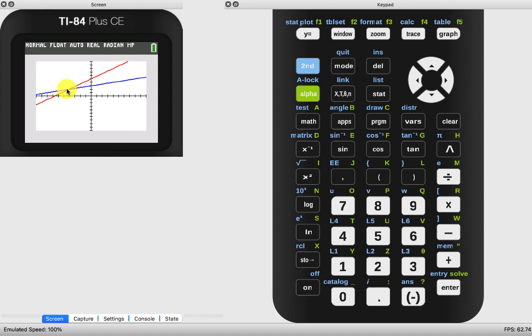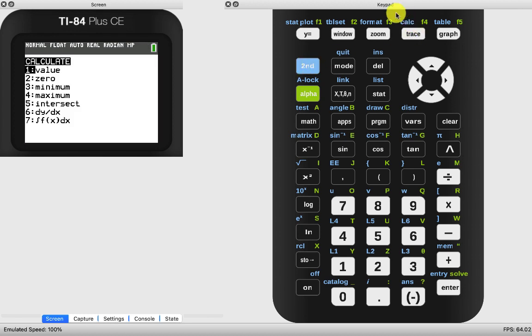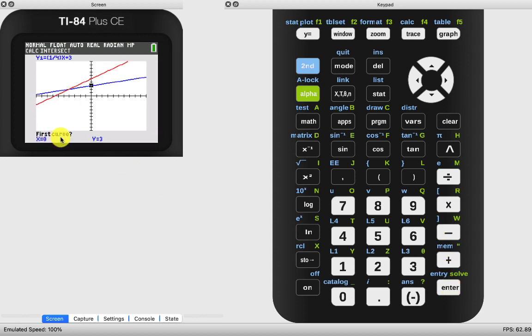Now, in order to be exact, our calculator can tell us. We're going to go to the second function. You're going to press second function and trace. That takes you to this calculate menu. And you can see here one of our options is intersect. So let's go down to number 5 and press intersect. And our calculator wants us to know which 2 lines or curves we want to find the intersection point for.